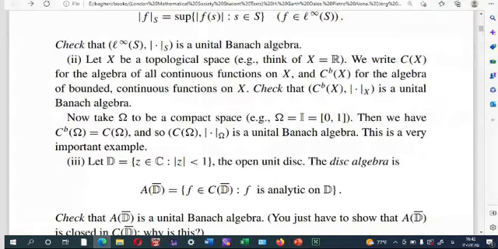So that we have this important example: CB of X and this norm, the supremum norm, is a unital Banach algebra.